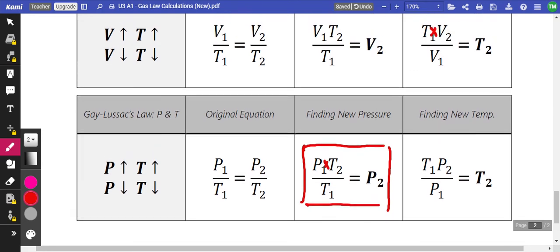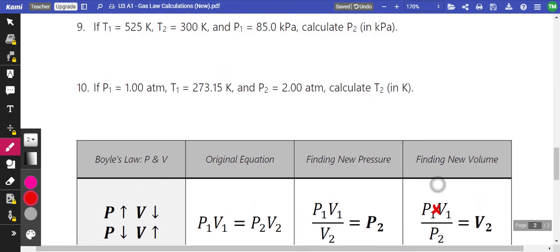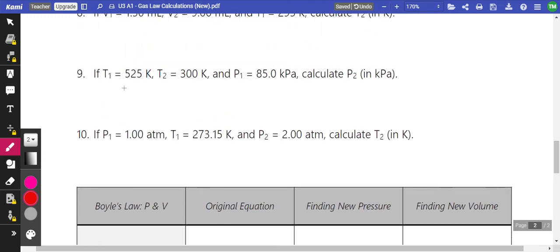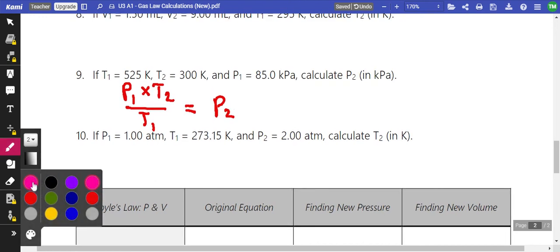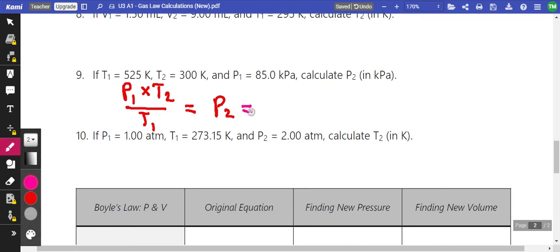So let's try that. P1 times T2 divided by T1 should be equal to my new pressure P2. Let's plug in what we have. I've got T1, T2, and P1.